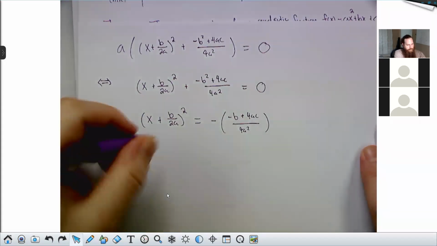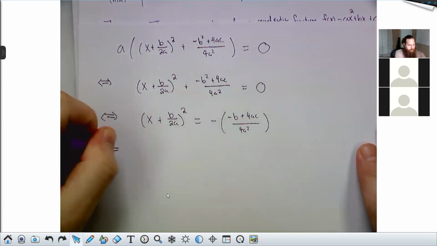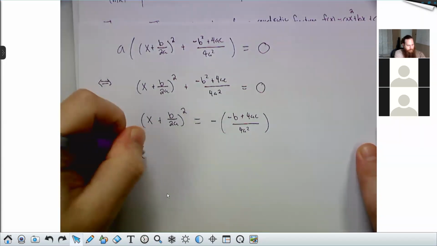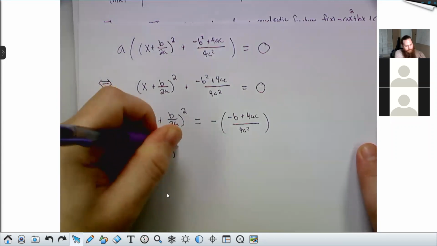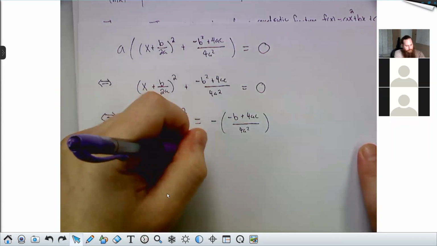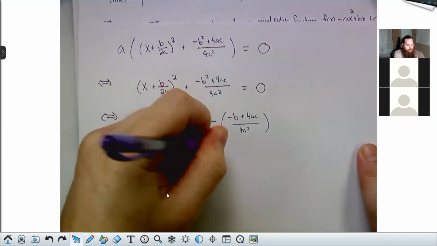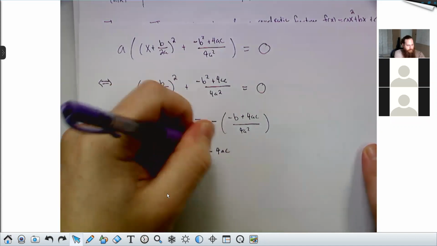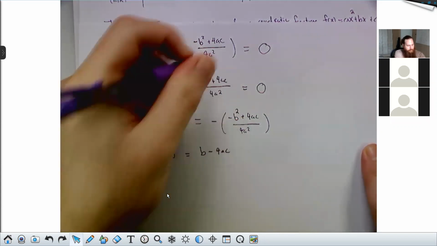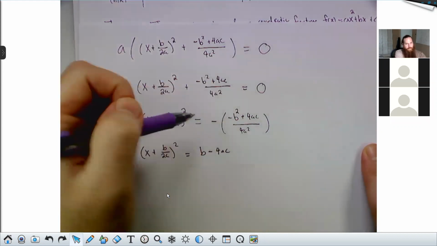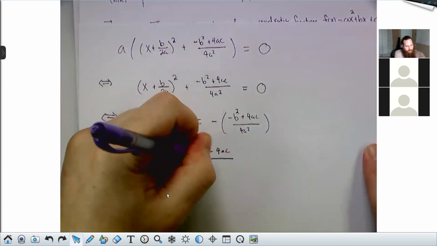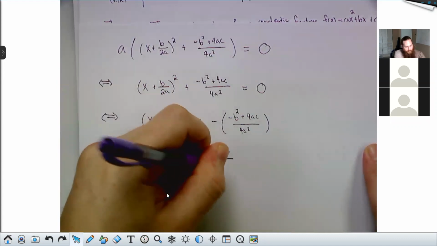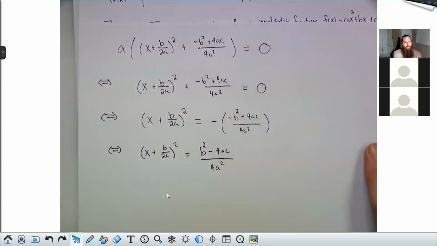I can distribute that negative. And I get b minus 4ac. Sorry, b squared. That's a b squared in that previous line. I dropped the square. I'm so sorry. B squared minus 4ac all over 4a squared. You're starting to see the quadratic formula appear.